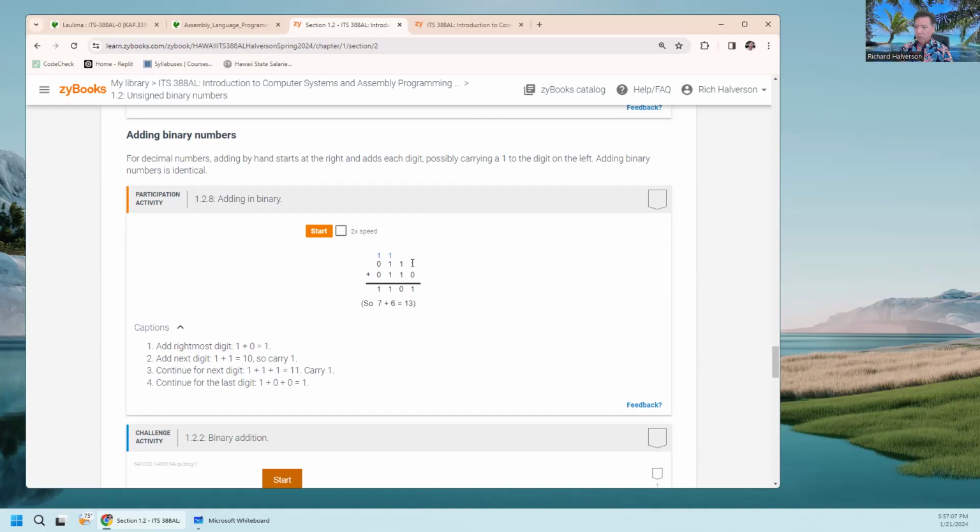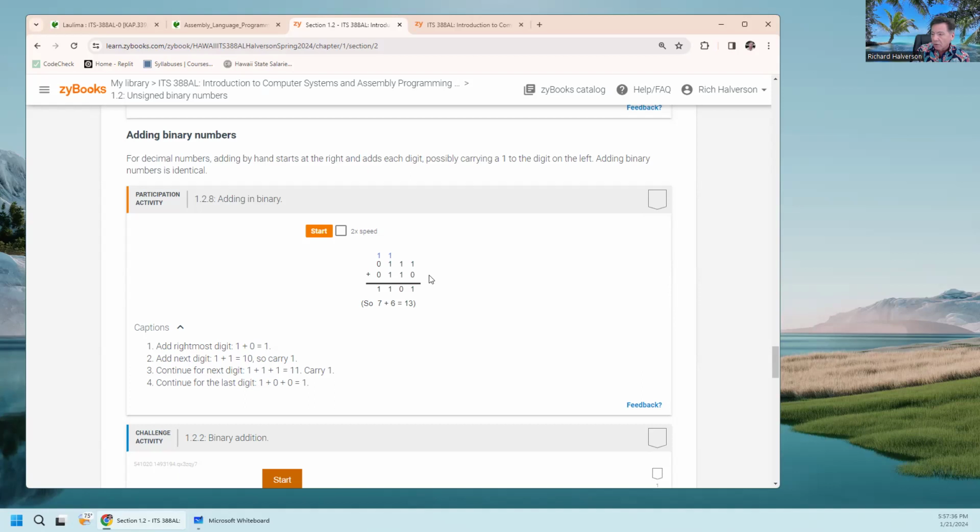Here we take 1 plus 0 is 1, and then we have 1 plus 1 is 1 0, so that's a 0, carry the 1. And then 1 plus 1 plus 1 is 3. That's really 1 1, so that's 1, carry the 1. And then 1 plus 0 is 1.